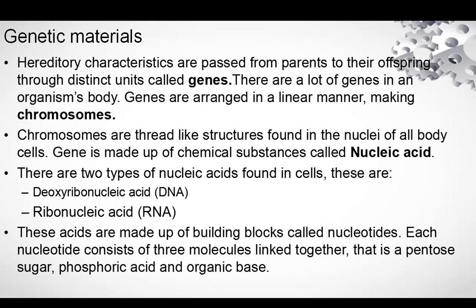Now these acids are made up of building blocks called the nucleotides, and each of the nucleotides consists of three molecules that are linked together. That is the pentose sugar, phosphoric acid, and the organic base. So we'll see them basically one by one. These are the nucleic acids.